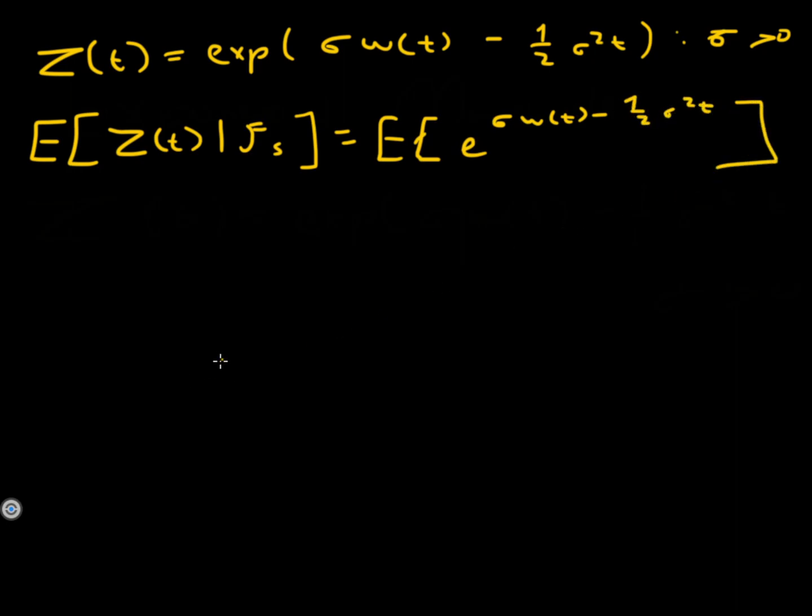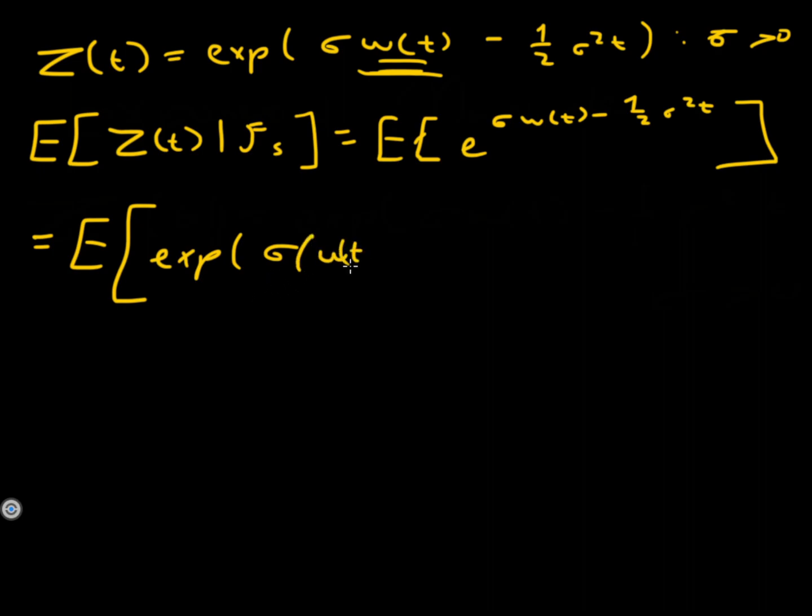If you realize, this is random because of this, so what we're going to do is use a very similar trick which we used in previous things, where we do this basically: sigma of (W_t minus W_s) times the exponential function of sigma W_s minus 1 over 2 sigma squared t.